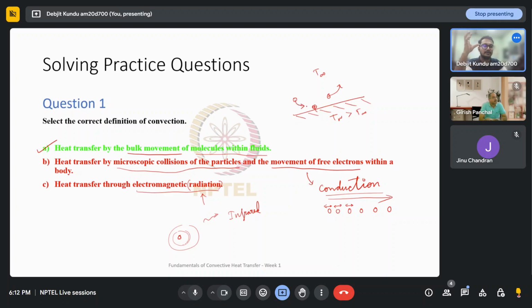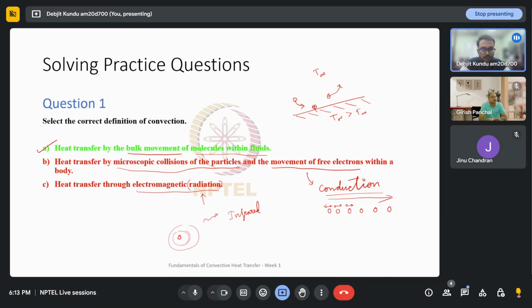So heat is being transported by these molecules. They can bring in heat, they can take away heat. It all depends on the temperature gradients, temperature differences. But this is the main fundamental difference of convection from the other modes, conduction and radiation.